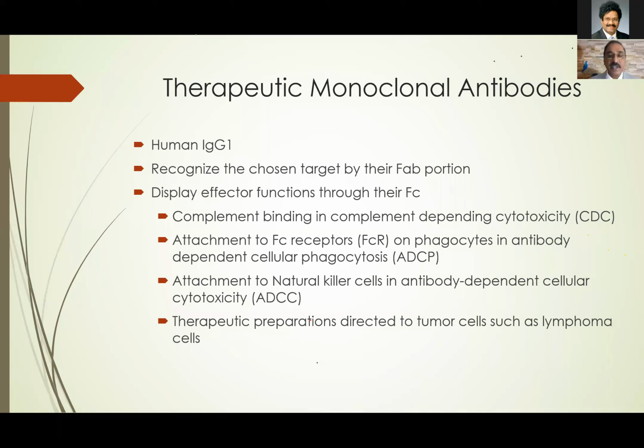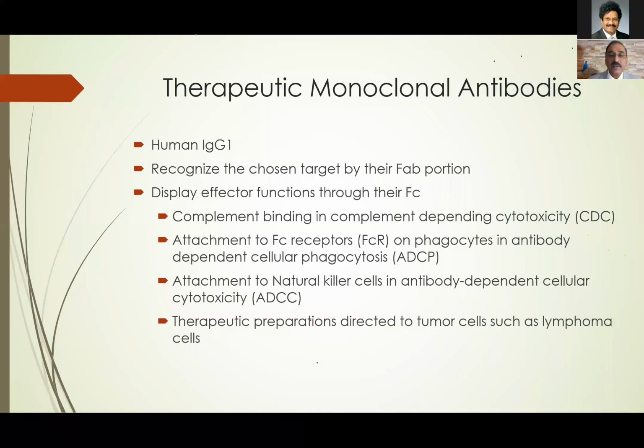Or it can be some cytokines or other molecules produced in the body that also act as antigens. So the Fab portion is specific for that particular one. To give you an example, anti-IL-6 antibodies, where the Fab portion is specific to the IL-6 cytokine.